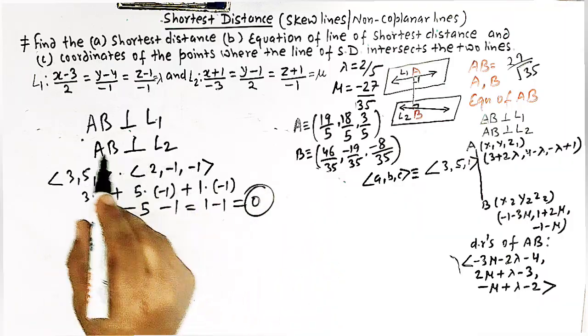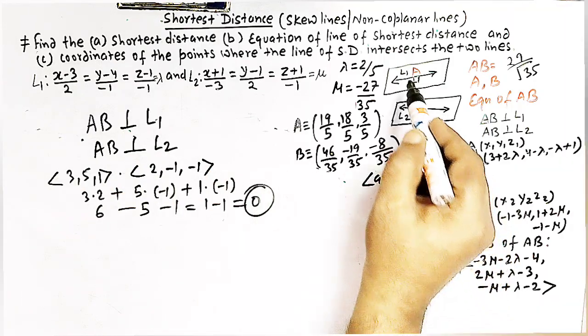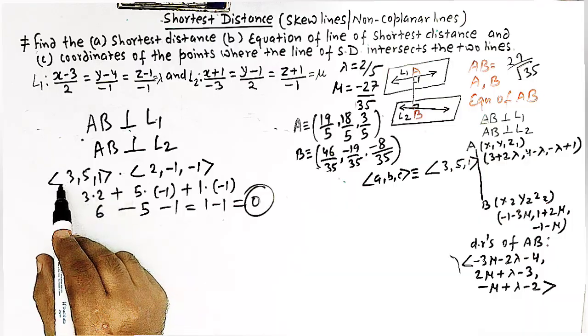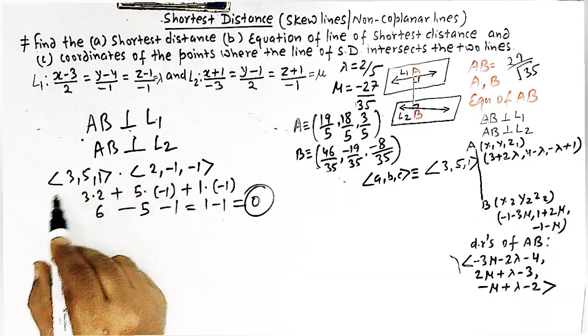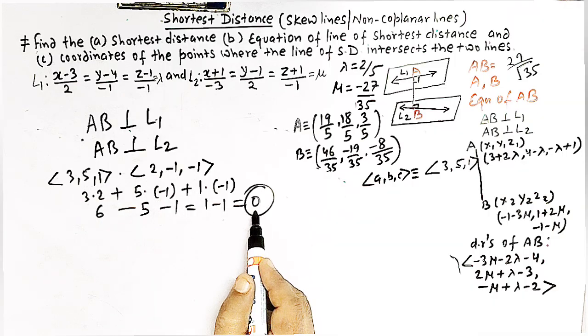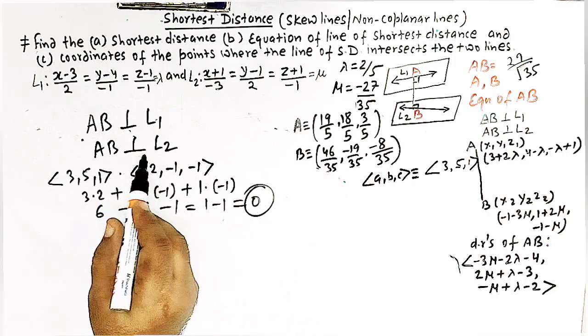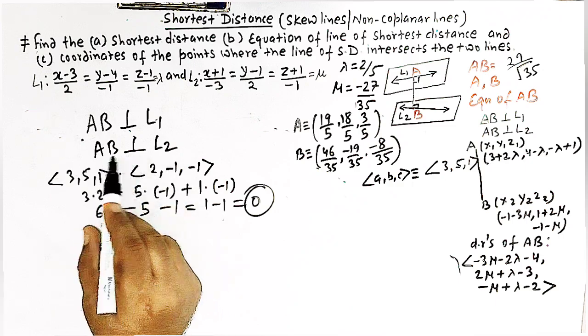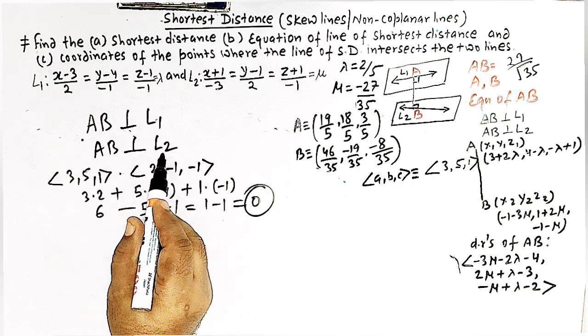So it implies that AB is perpendicular to L1, right? Because the dot product, or the scalar product, of these two vectors is equal to 0.